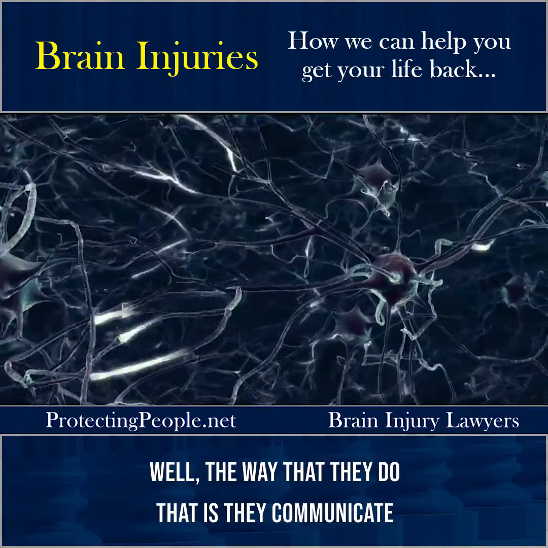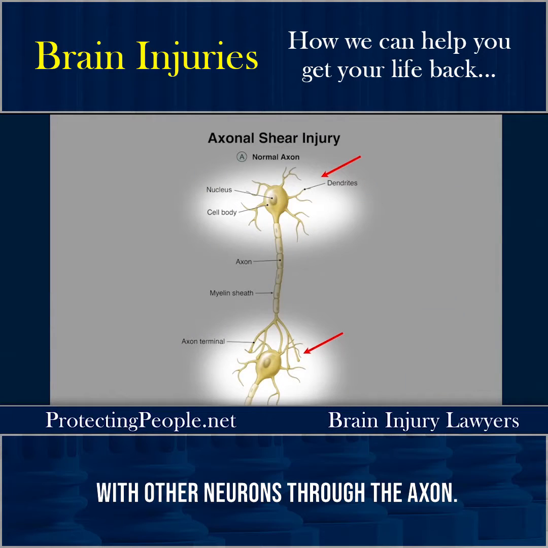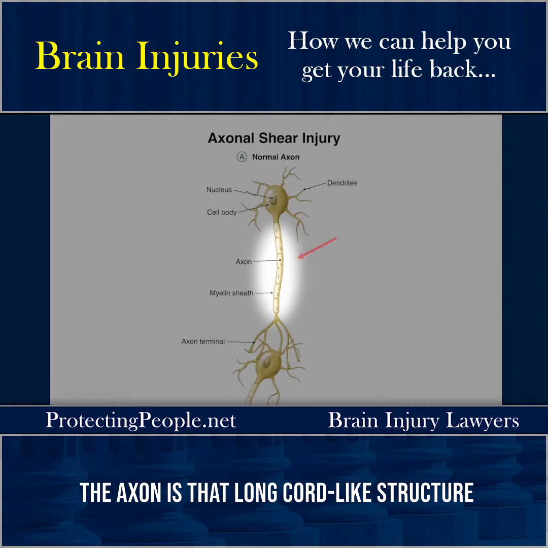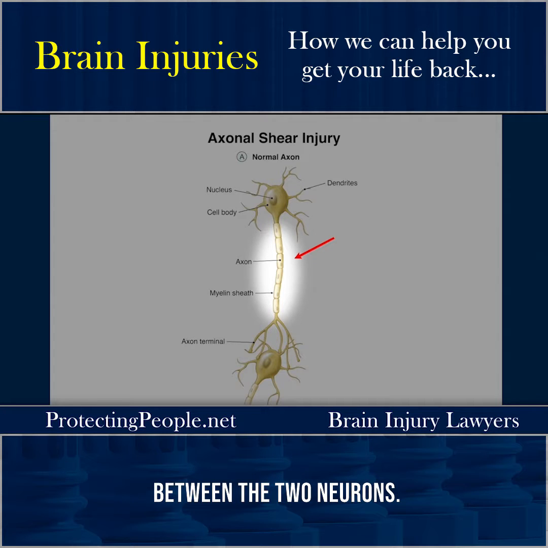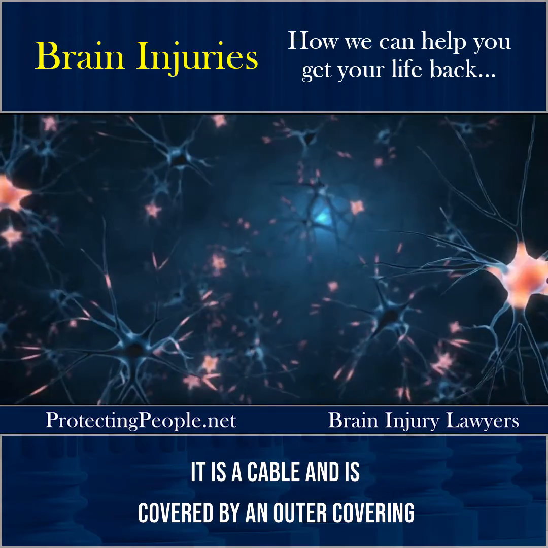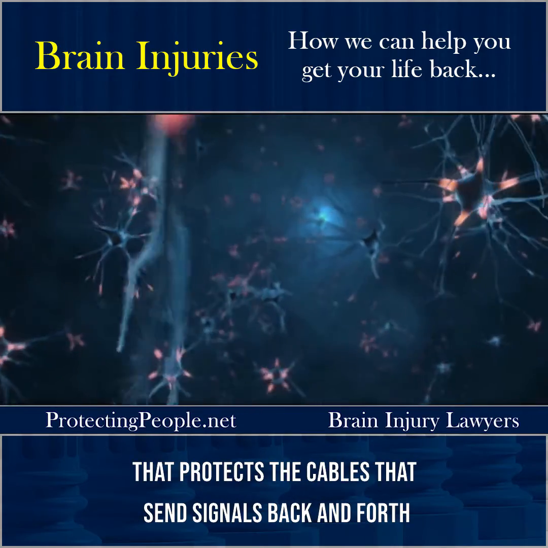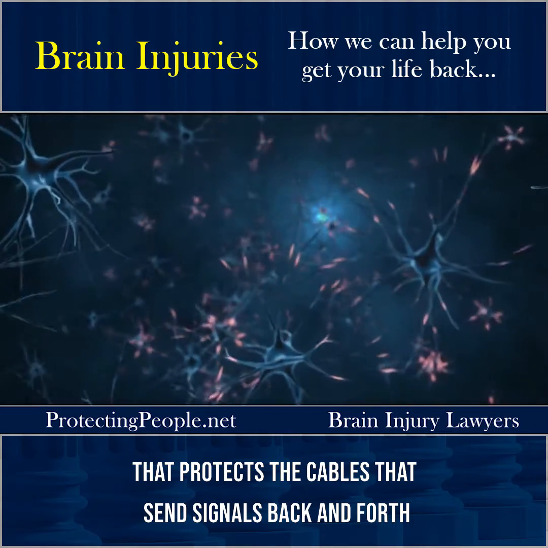Well, the way that they do that is they communicate with other neurons through the axon. The axon is that long cord-like structure between the two neurons. The axon is a little bit like an extension cord. It is a cable and is covered by an outer covering that protects the cables that send signals back and forth between the neurons.